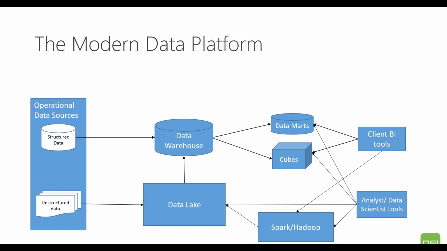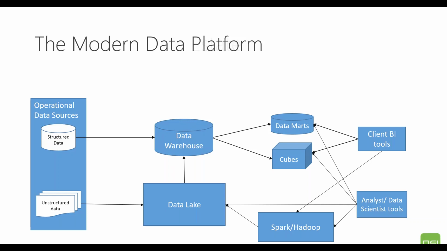The Hadoop or Spark system becomes the processing layer, and then my front-end tools can talk to either of those. So what's important in this slide is to get the concept across that it is not one tool for everything, but it's the right tool for the right job.